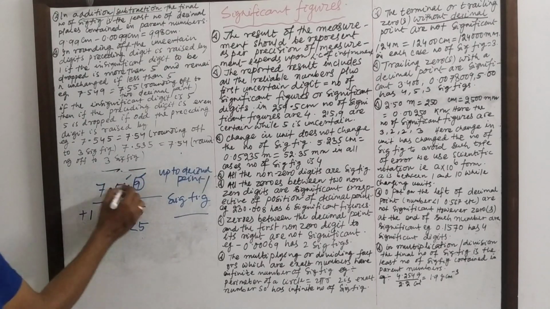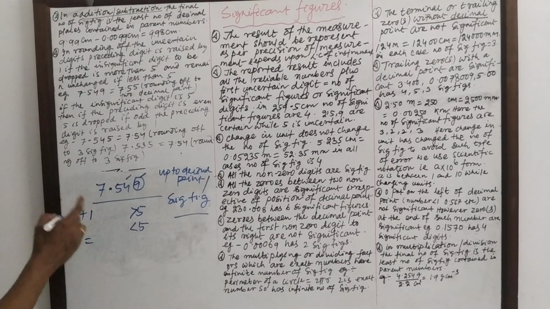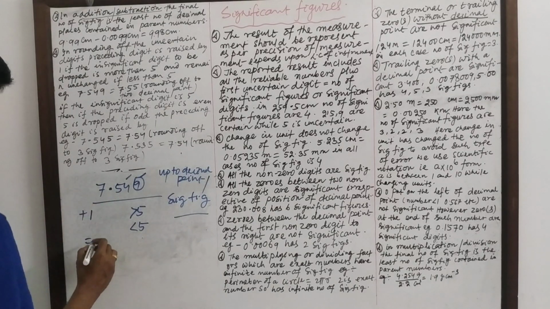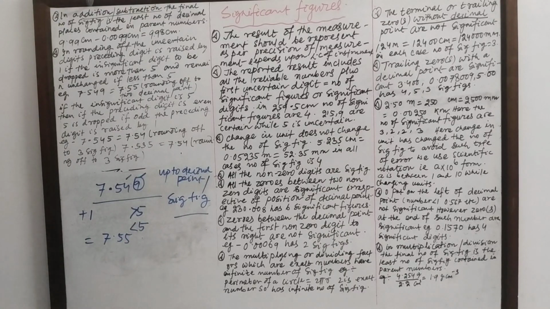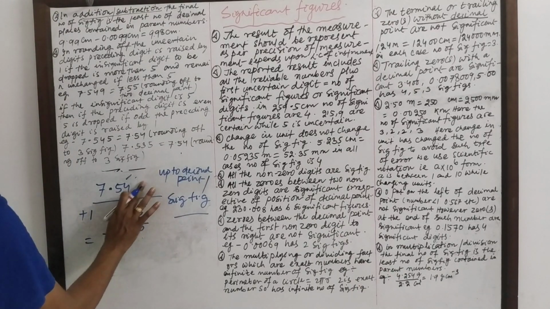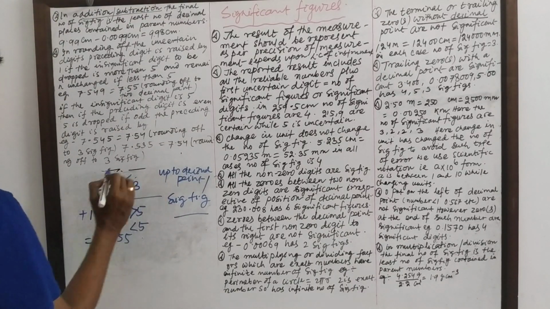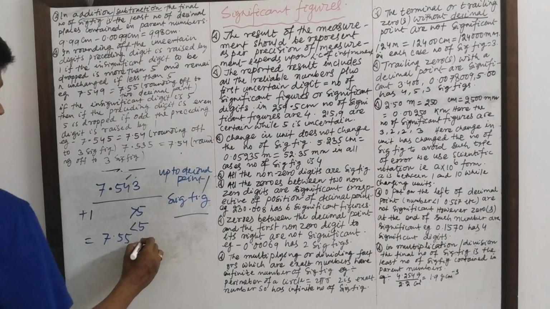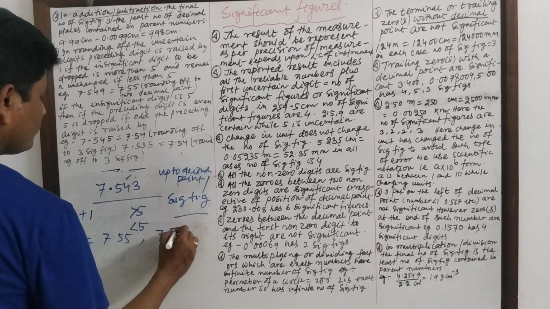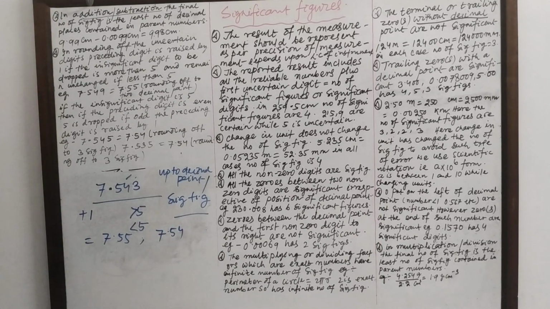In this case rounding up to 2 decimal points, this will be 7.55. If it is 3, then rounding up to 2 decimal points, the result will be 7.54. It will be unchanged.